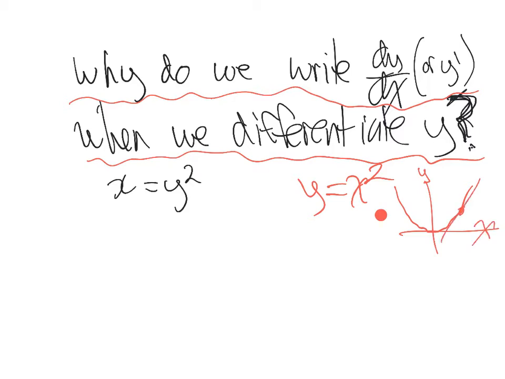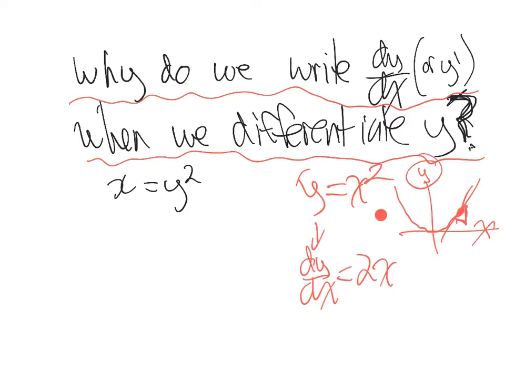I'd be getting the slope at that point instantaneously, so delta y over delta x, when that delta is really small, is dy by dx. So when I differentiate y, I write dy by dx, because that's the slope, equals 2x. That's what we do to determine the rate of change of y with respect to x.